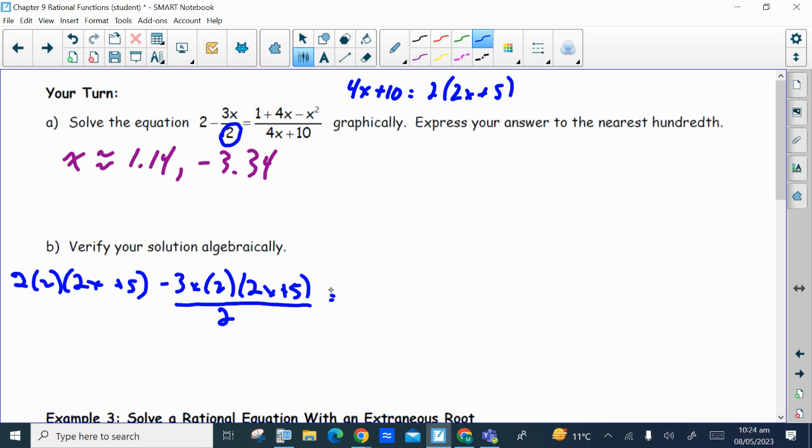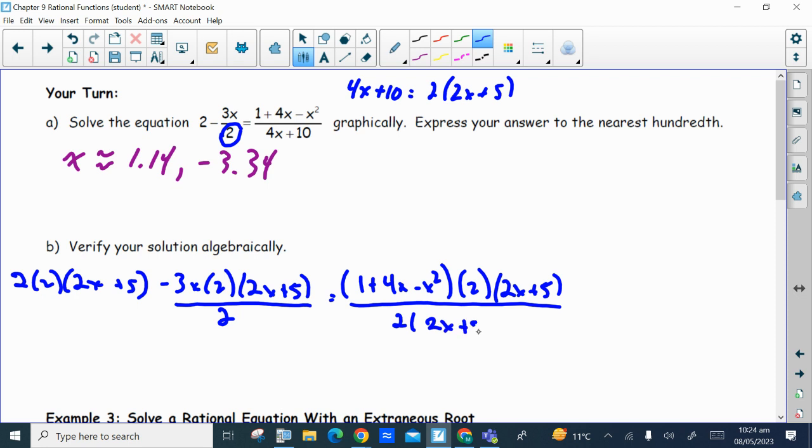And the other side is also multiplied by the common denominator. And the whole point of doing that is so that we get rid of all the denominators.